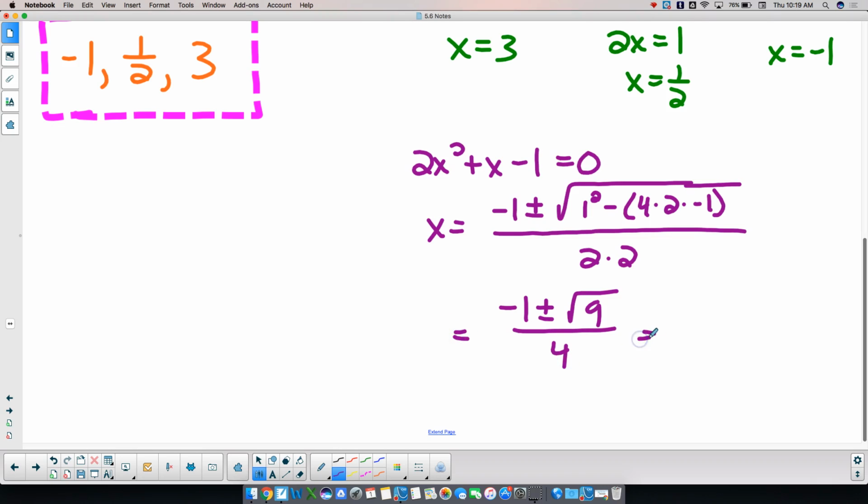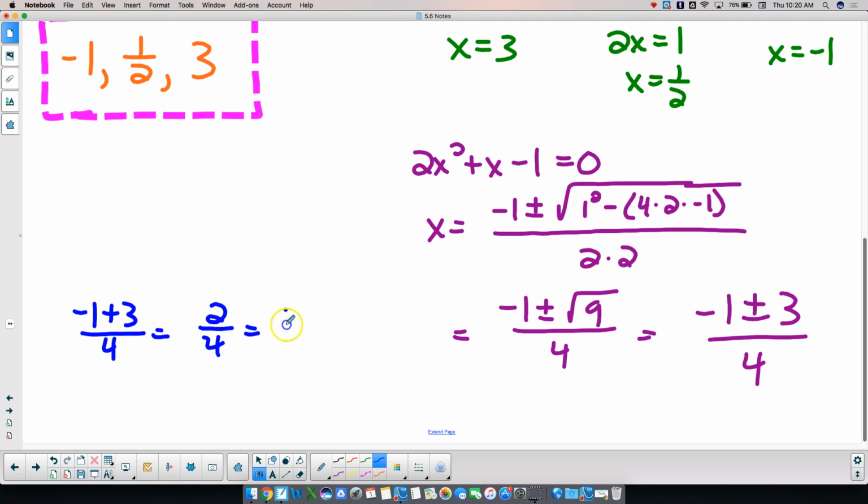The square root of 9 is 3. So then negative 1 plus 3 divided by 4 is 2 over 4, which is 1/2. And negative 1 minus 3 divided by 4 is negative 4 over 4, which is negative 1.